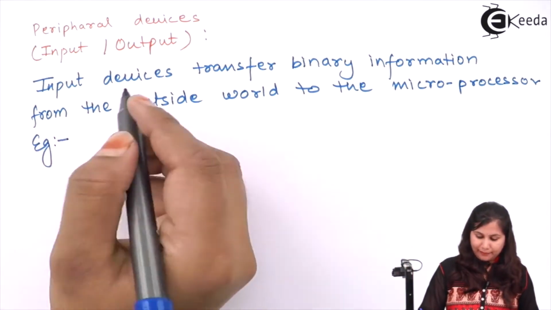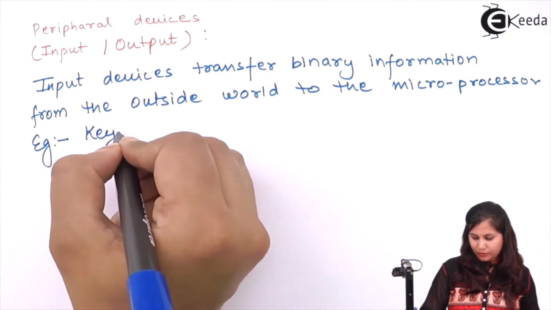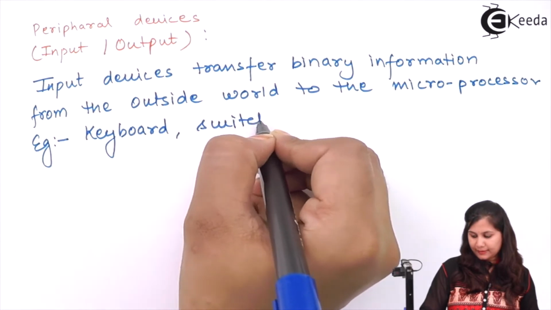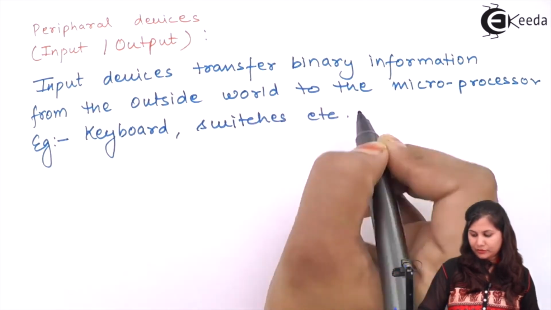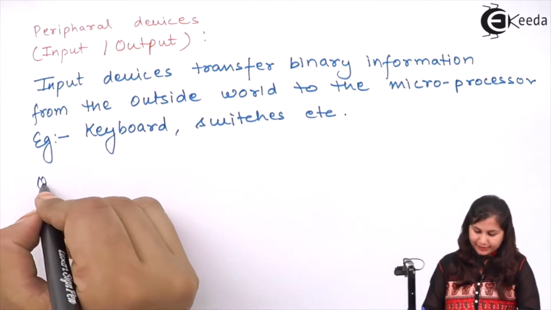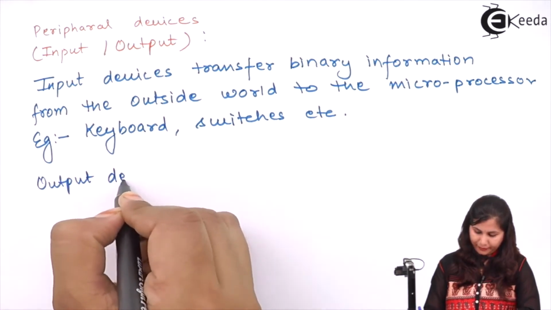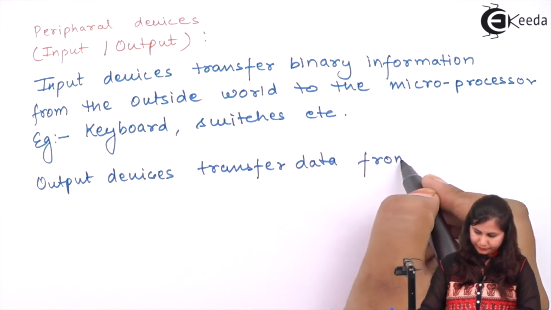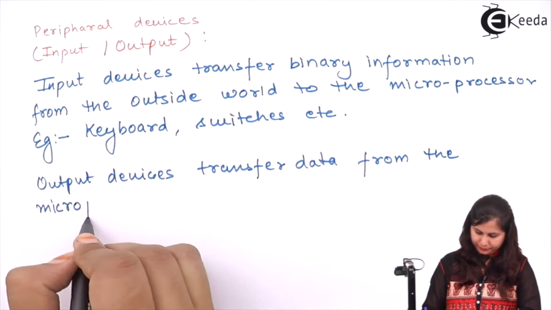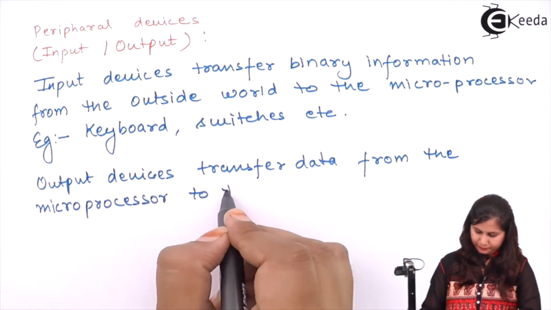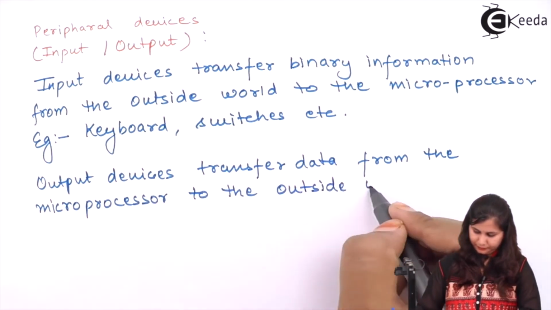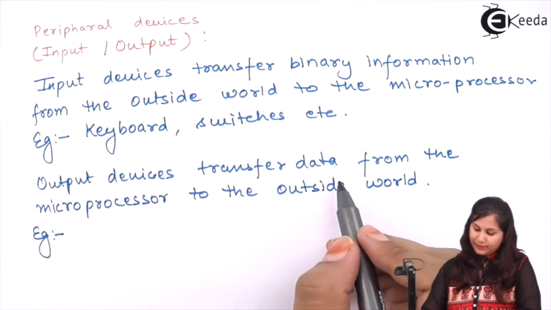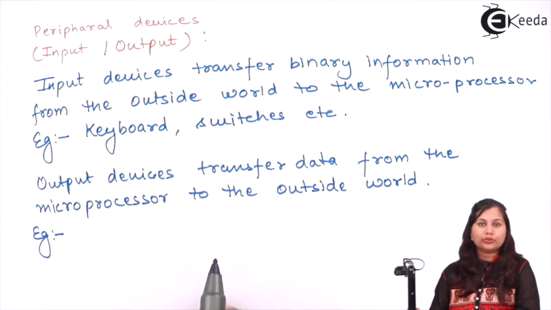Various examples of input devices are keyboard, switches, etc. Now, output devices are transferring the data from the microprocessor to the outside world.